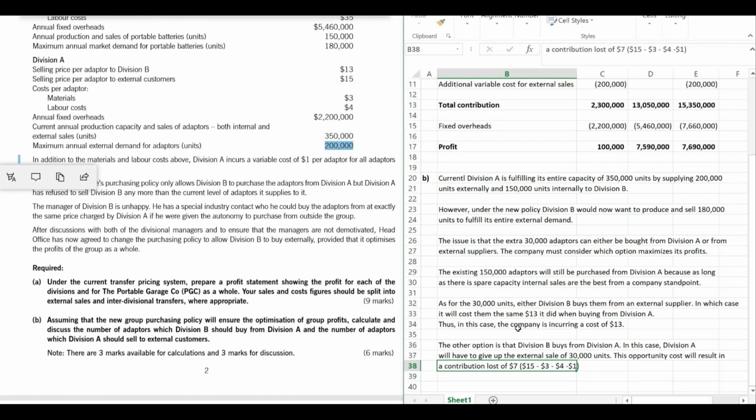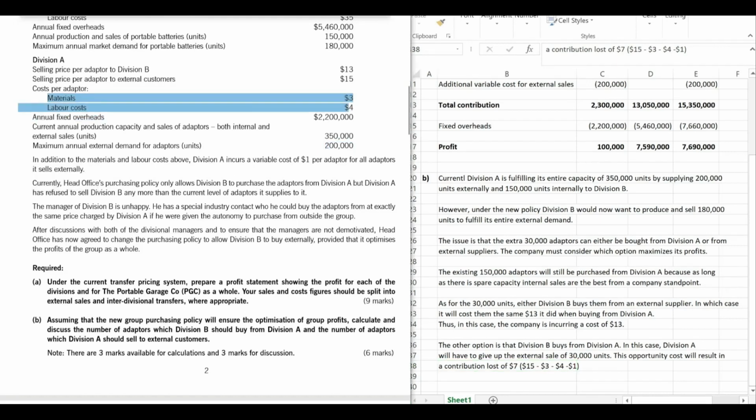Okay, but furthermore, there's another thing that's going on here. What's that? So Division A lost the opportunity cost. They lost the contribution, but in order to supply Division B with the adapters, they also need to prepare them in the first place, right? So they'll also incur the variable cost. The variable cost is going to be, once again, what's incurred for every internal sale, which is materials cost of $3 and labor cost of $4.